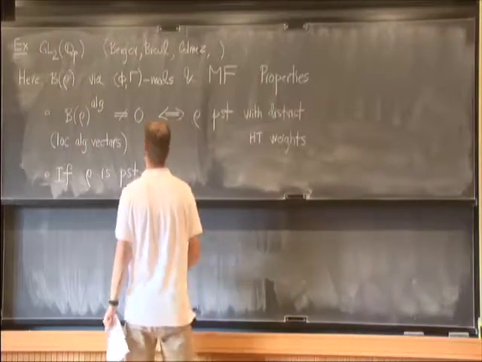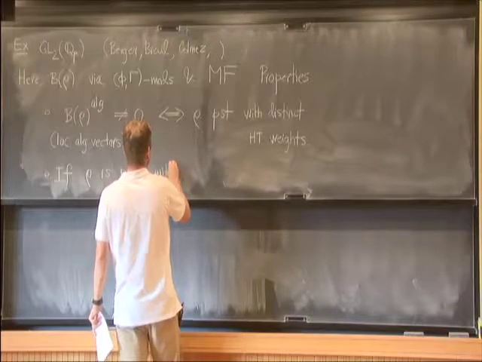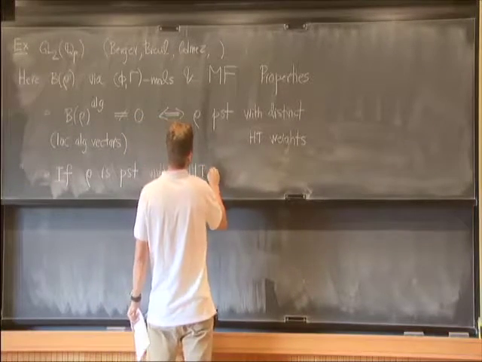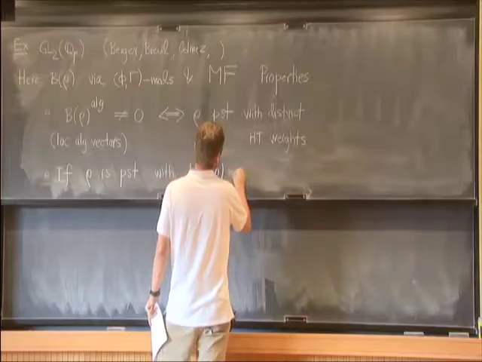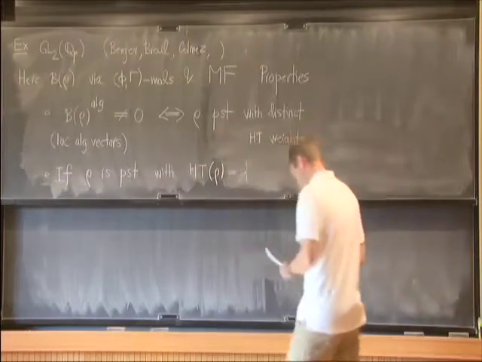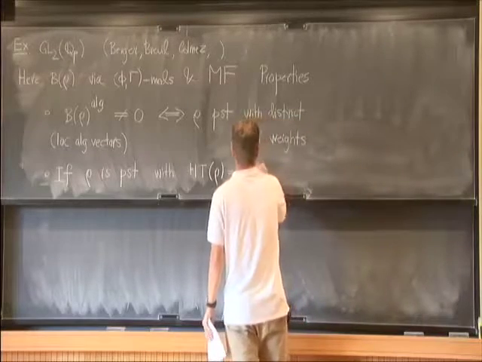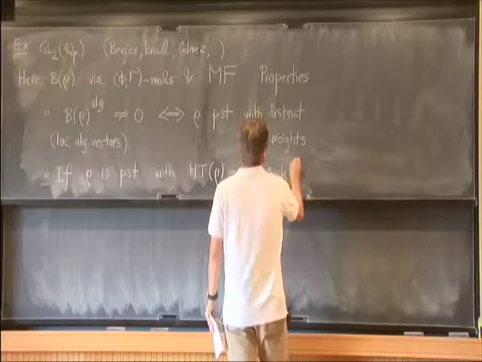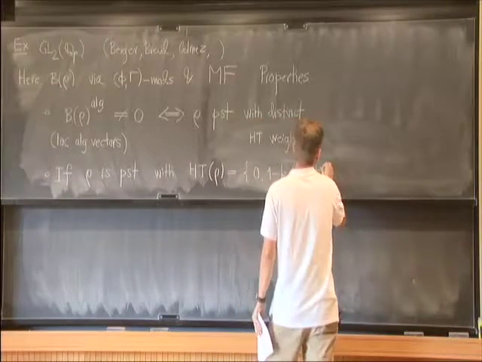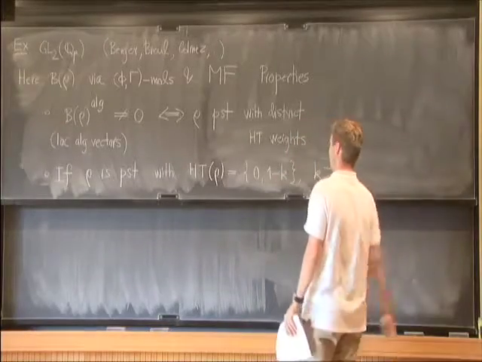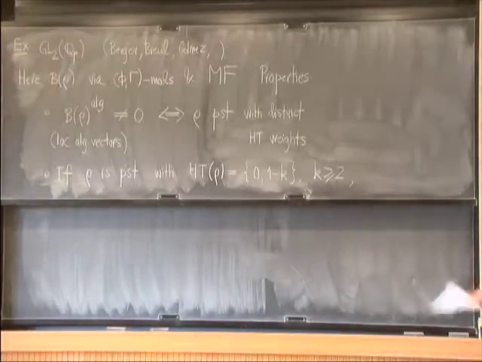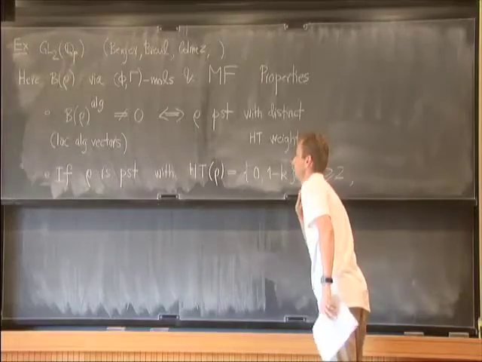So if rho is potentially semi-stable with Hodge-Tate weights, be careful about the normalization, so 0 and 1 minus k, with k at least 2. So I guess the Hodge-Tate weight of the cyclotomic character is minus 1.